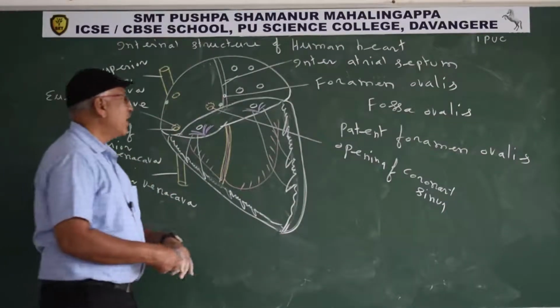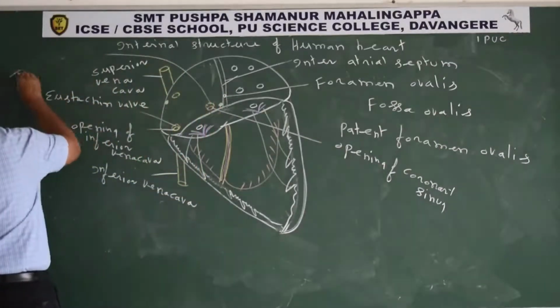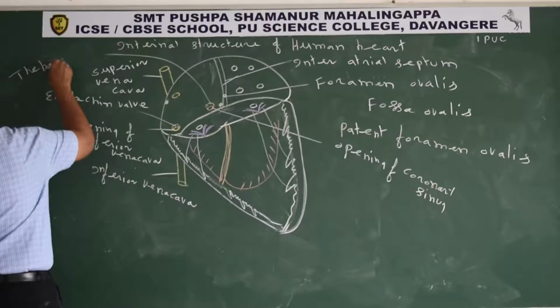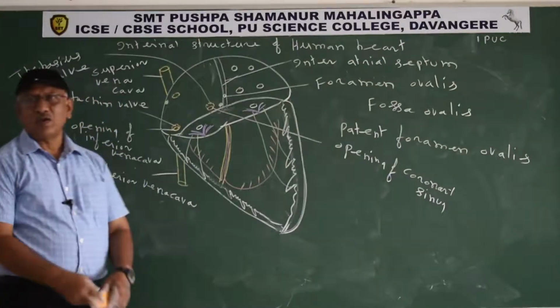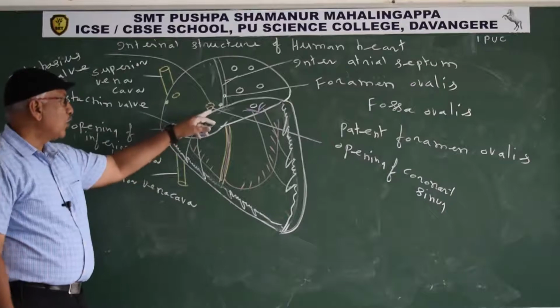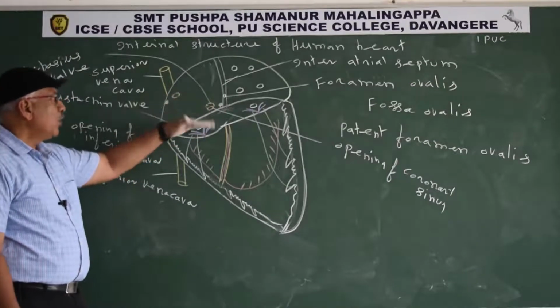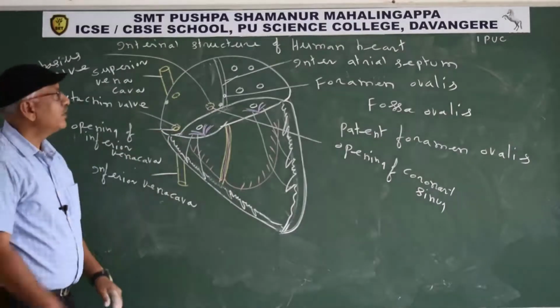This aperture is guarded by a valve known as the Thebesian valve. The valve prevents the backward flow of blood. It allows the flow of blood from the coronary sinus into the right atrium and prevents the backward flow from the right atrium into the coronary sinus.